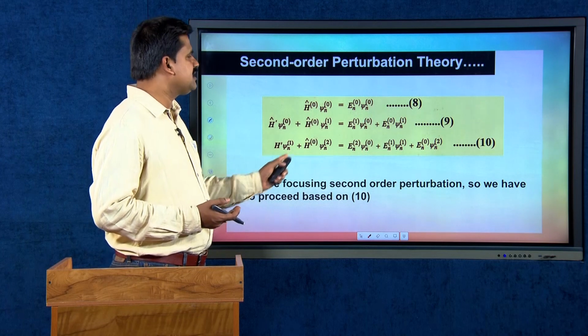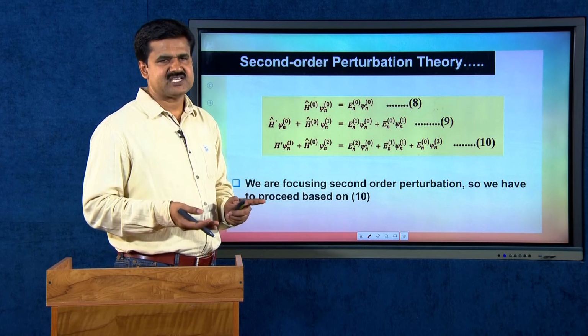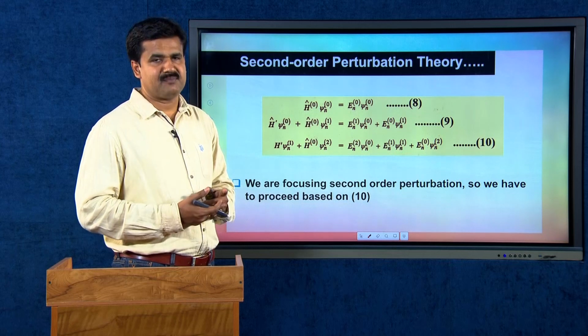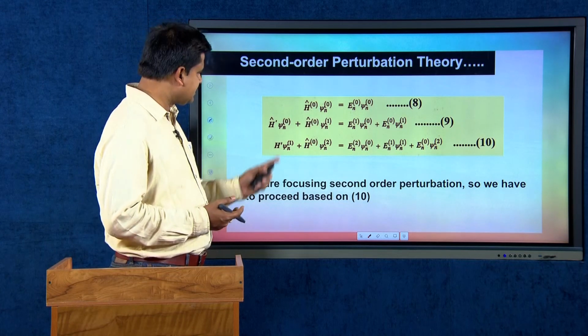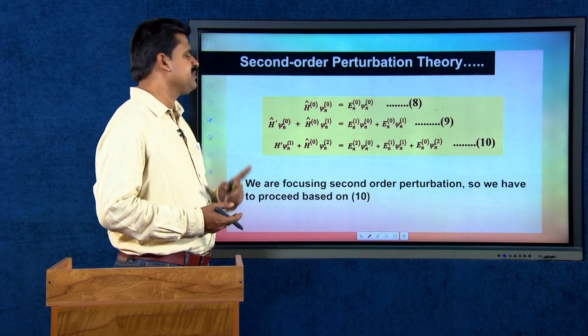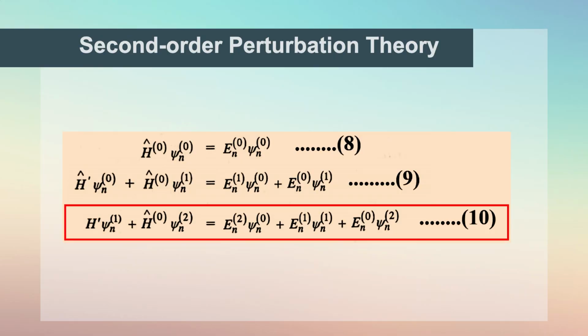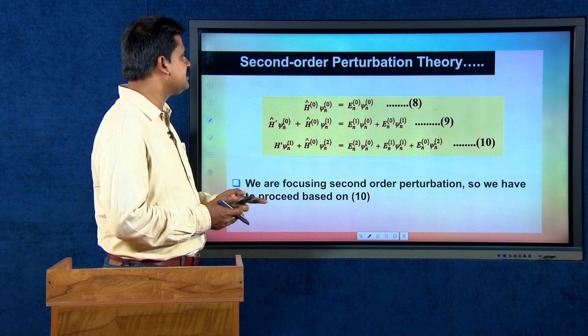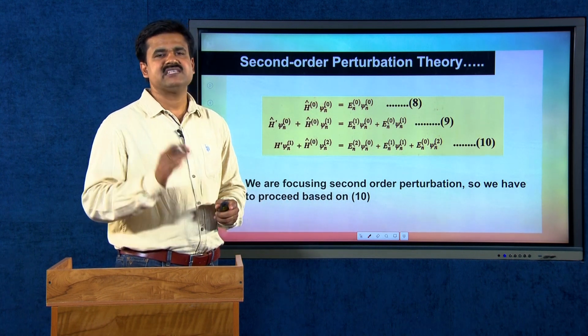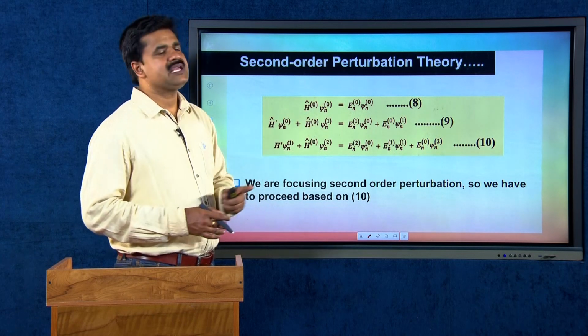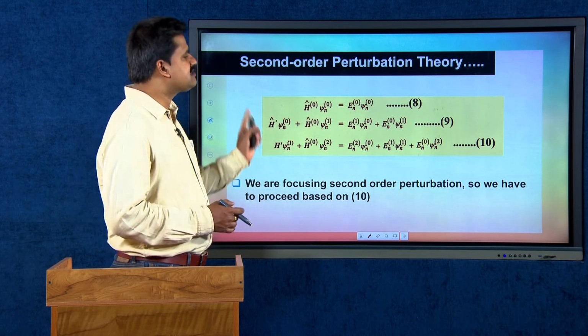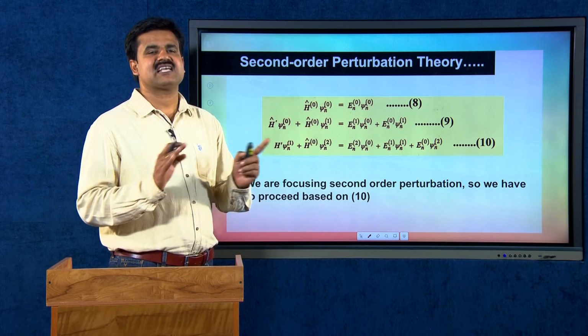Similarly, we get equation 10 by vanishing the coefficient of the second power of lambda from equation 7, which is H hat dash psi n1 plus H hat 0 psi n2 is equal to En2 psi n0 plus En1 psi n1 plus En0 psi n2. It is clear that each term in equation 8 has the 0th power, each term in equation 9 has the first power, and each term in equation 10 has the second power.